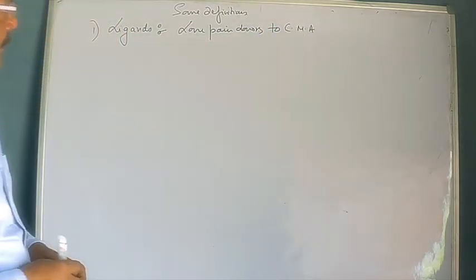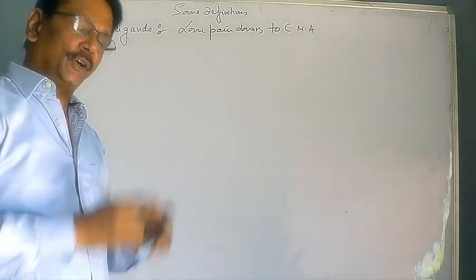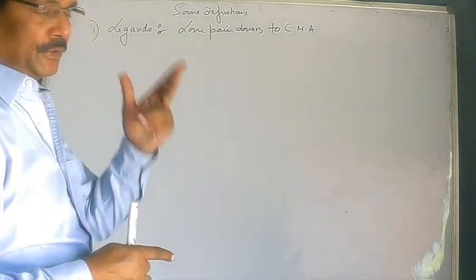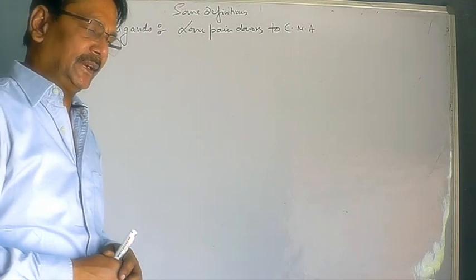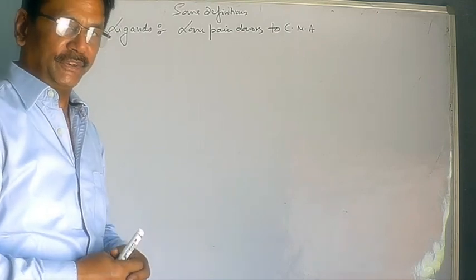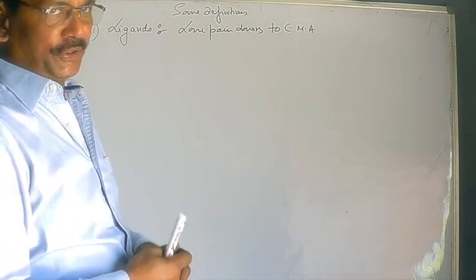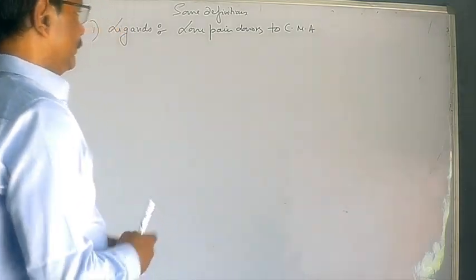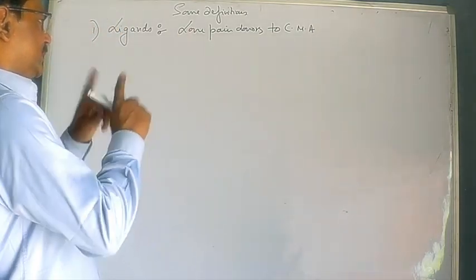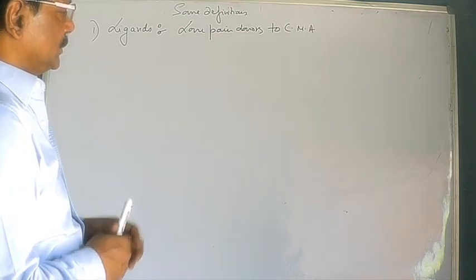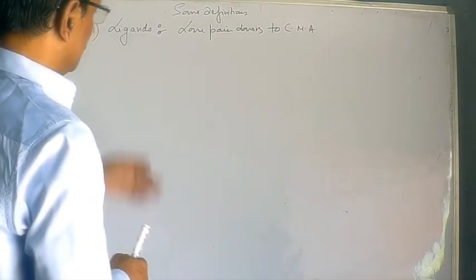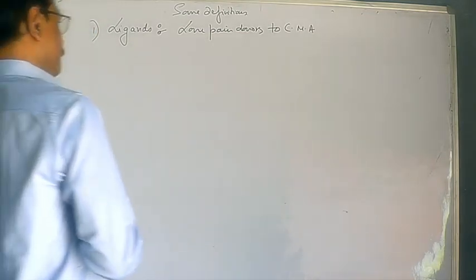Class, I repeat again, in coordination complexes, in the coordination sphere, you will get only 2 things. One is your CMA, central metal atom, which accepts lone pairs from ligands, and the second one will be your ligands, which are donating lone pairs. So in the coordination sphere, that is in square brackets, only 2 things are found. One is your central metal atom, another one is your ligands.